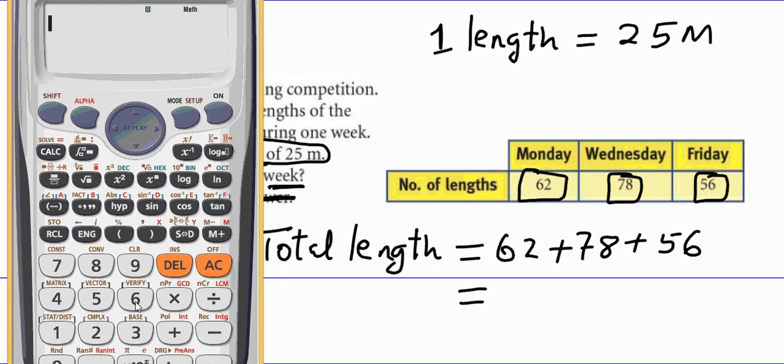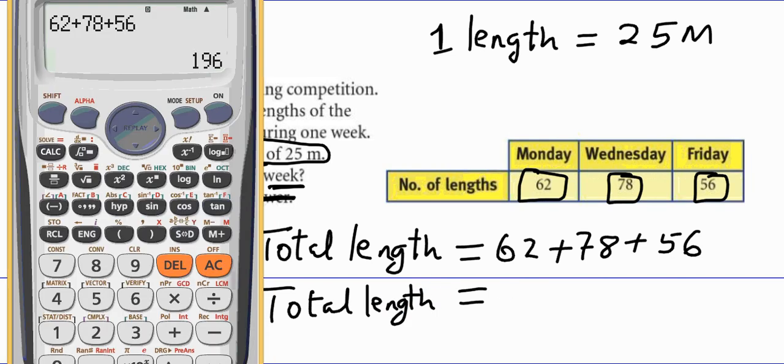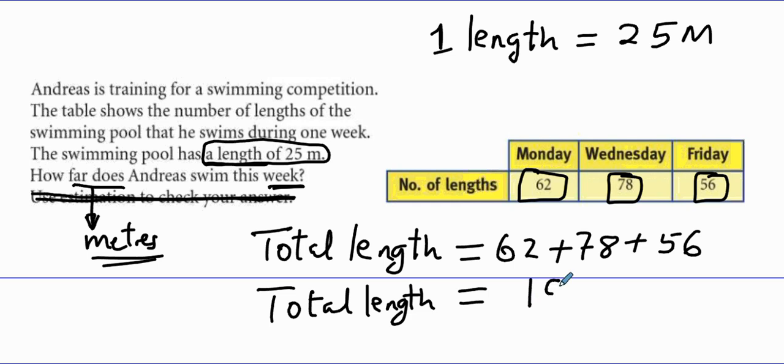So do 62 plus 78 plus 56. You find that the total length equals 196.